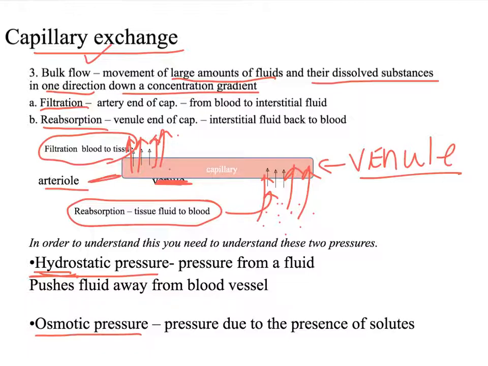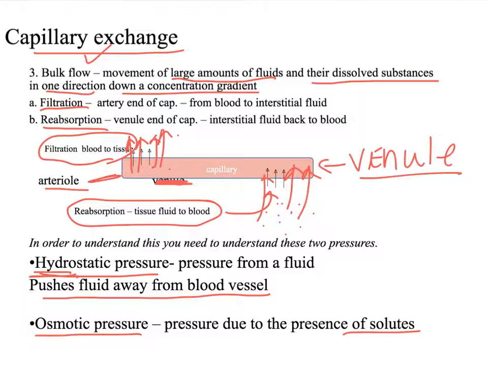Hydrostatic pressure is basically blood pressure, the pressure of the blood in the vessel, and it pushes the fluid away from the blood vessel. Osmotic pressure is pressure due to the amount of solutes dissolved in the fluid, and it draws things into the vessel.